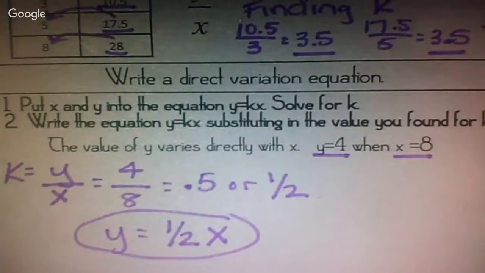What's y? 1. 2 times 1/2 is 1. I should be able to tell you y is 16. What is x? 32. You would plug in 16 here and multiply by 2 to get x by itself. Questions?